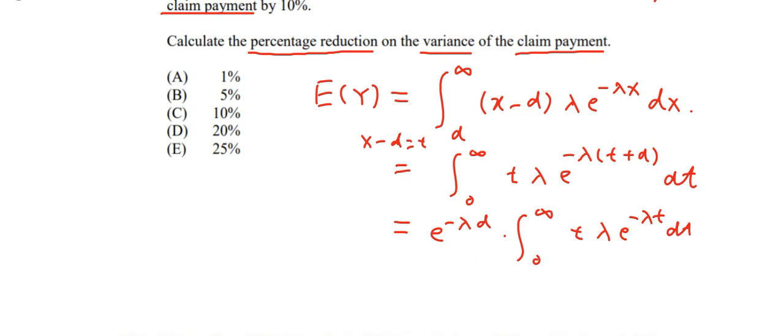So this equals e^(-lambda d) times 1 over lambda, and 1 over lambda is just E[X]. Thus the expected payment E[Y] equals e^(-lambda d) times E[X].